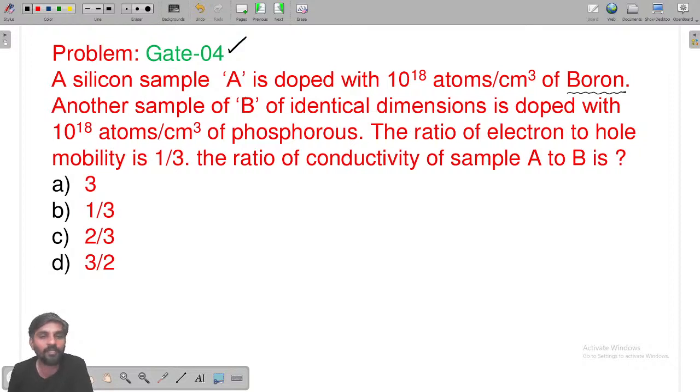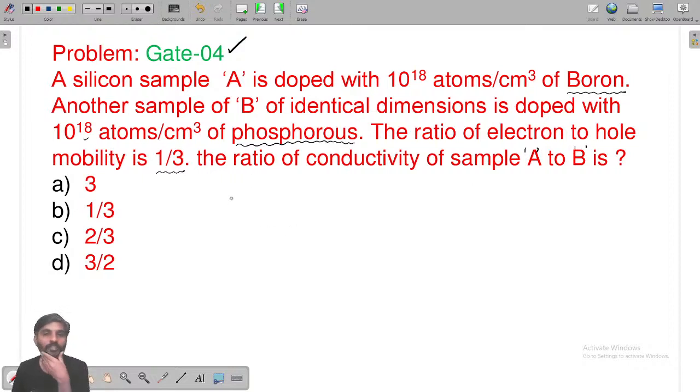Another sample B of identical dimensions is doped with the same concentration of phosphorus. The ratio of electron to hole mobility is already given. The ratio of conductivity of sample A to sample B is asked.